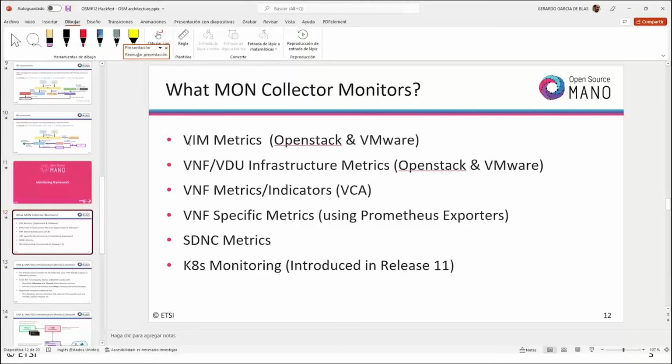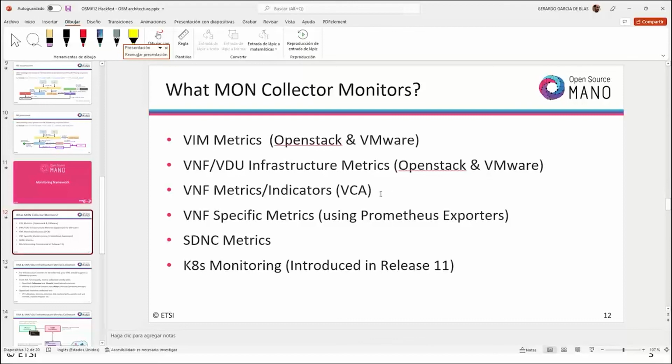Mainly they collect VIM metrics, such as whether the VIM is reachable, whether the API is reachable, so it's the status. You could also get the infrastructure metrics, let's say CPU, memory, disk, and network metrics from the VMs.